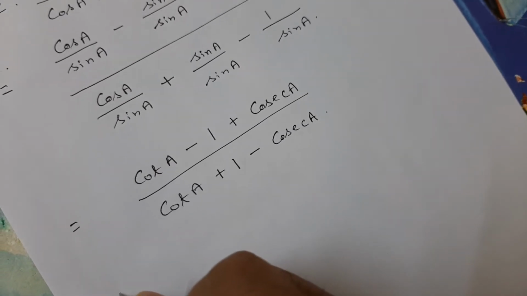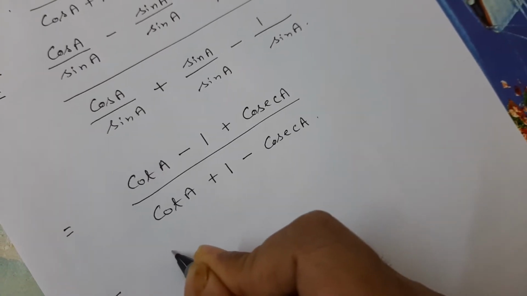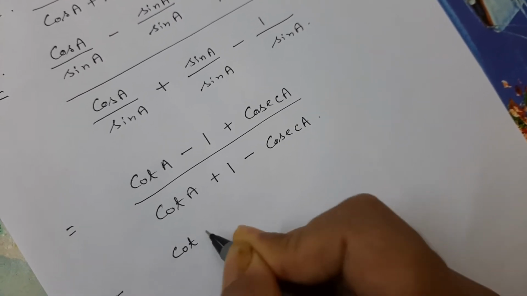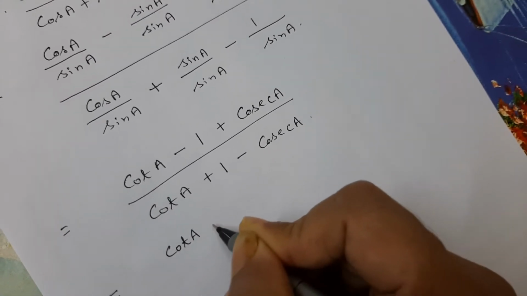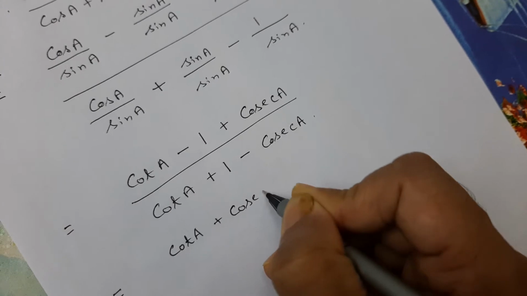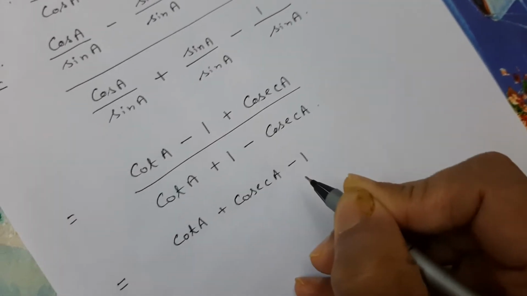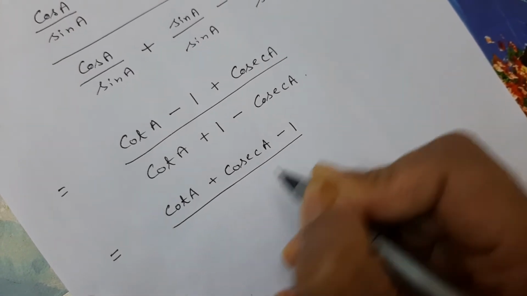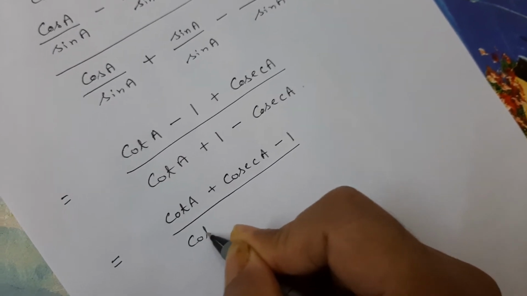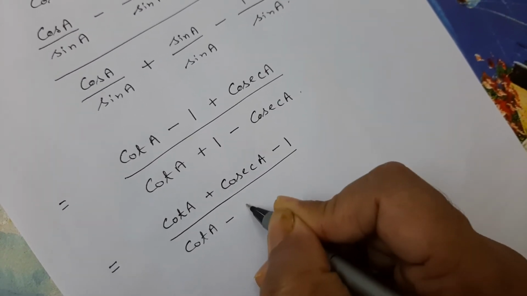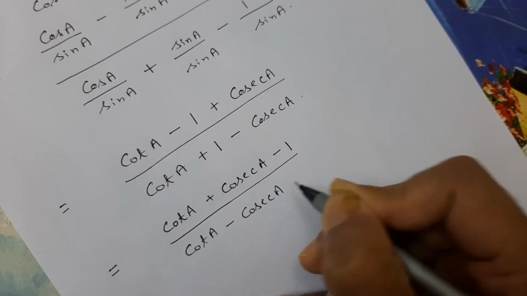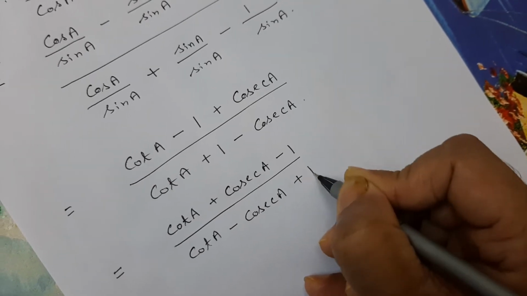Equal to, just arrange, cot A plus cosec A minus 1 divided by cot A minus cosec A plus 1.